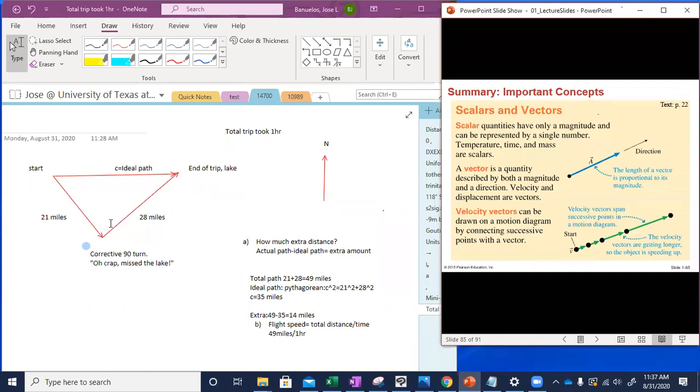But as you're going north, maybe it's really windy. Usually the wind goes west to east around here, right? Maybe it's a 50-mile-an-hour wind. Well, now you've got two velocity vectors, right? You've got your velocity vector of 100 miles an hour north plus 50 miles an hour east. That's going to give you a net velocity that's not pointing north. It'll be pointing a bit eastward.